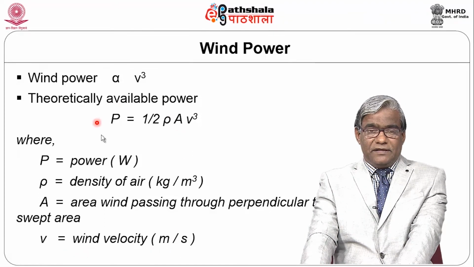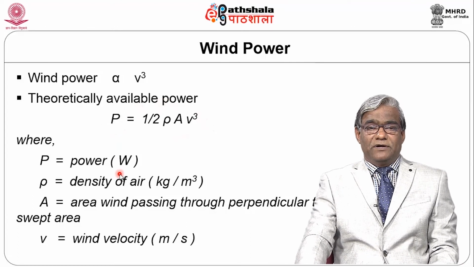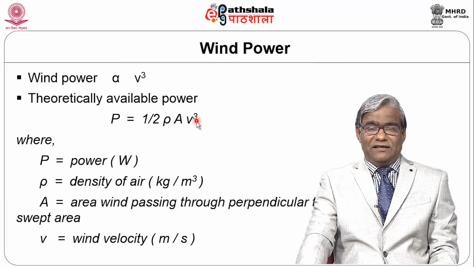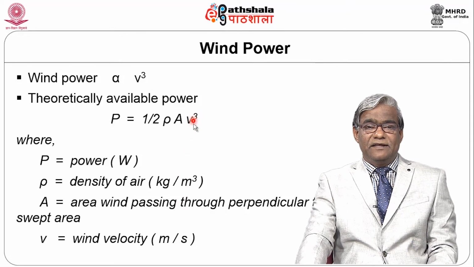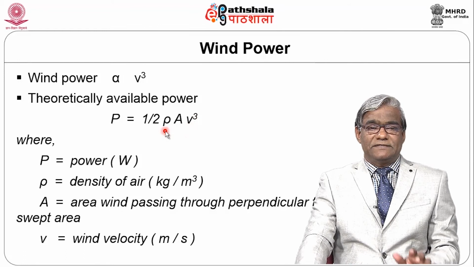So, this empirical relation gives the wind power, and to increase the wind power we cannot do anything on the velocity. Velocity is nature, V cannot be altered, and rho is the air density, so we cannot touch that.